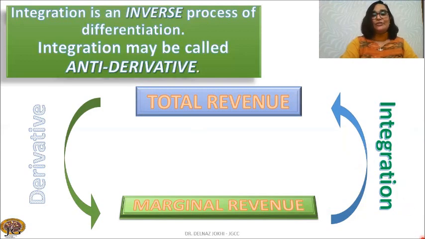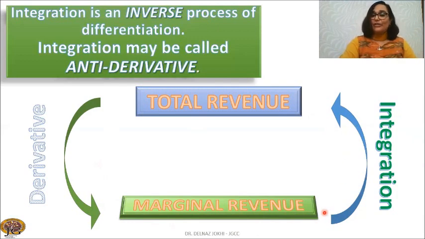I think you have understood now that the first process is, total revenue से आप नीचे आए, आपको marginal revenue मिला, derivative, and the other scenario is the inverse of it. उसका उल्टा है क्या? अगर marginal revenue आपके पास है, उसको आप integrate करोगे. See, this arrow is going down and this arrow is going upwards. So there are two inverse ways of solution.